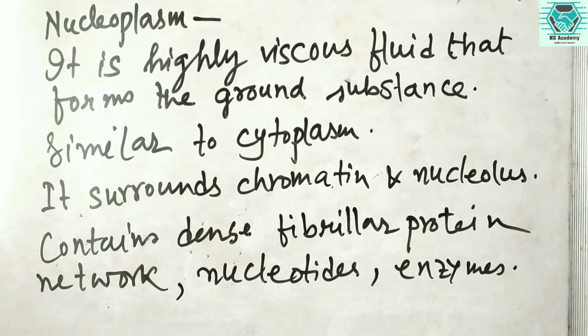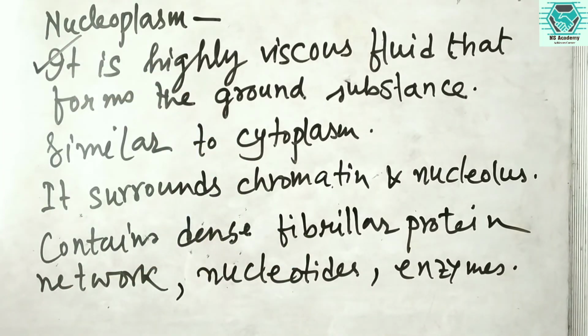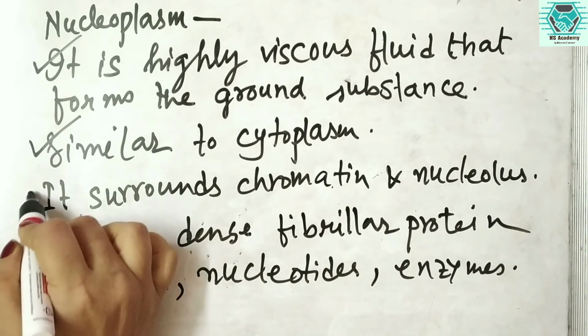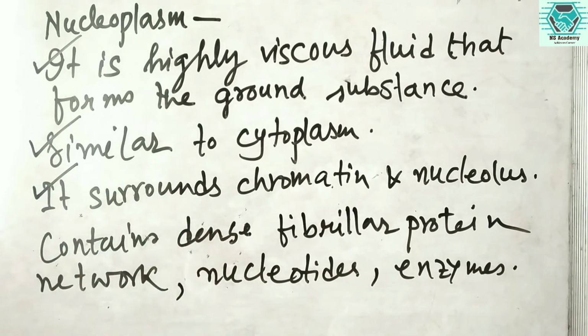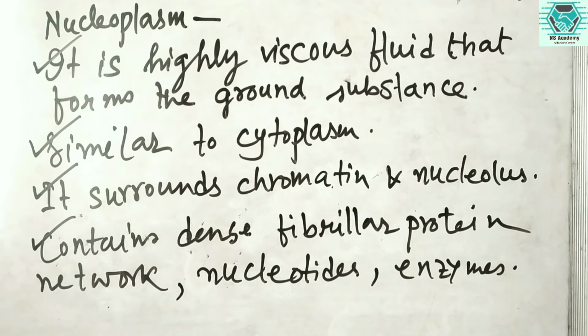Second one is the nucleoplasm. Nucleoplasm is a highly viscous fluid that forms the ground substance of the nucleus, and it is very similar to the cytoplasm. It surrounds the chromatin and nucleolus as we have seen in the diagram, and it contains a dense fibrillar protein network, nucleotides and enzymes.